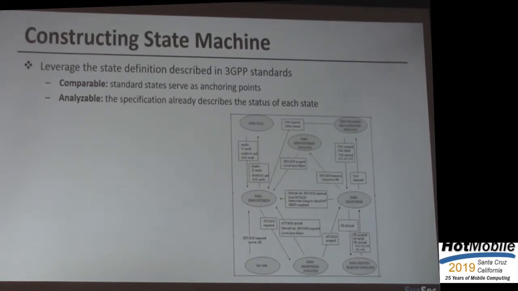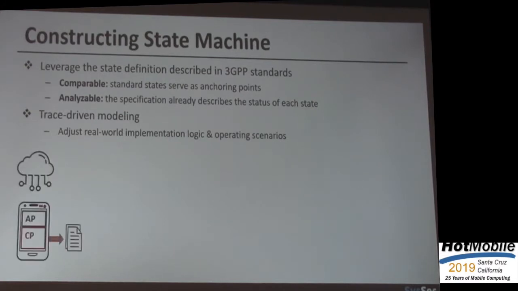This makes the resulting state machine comparable and analyzable, because the standard state serves as an anchoring point between different state machines, and the specification already describes the status and operation of each state. Second, to connect states, we take trace-driven modeling rather than manual construction from the specification. It also allows the state machine to adjust to real-world implementation logic.